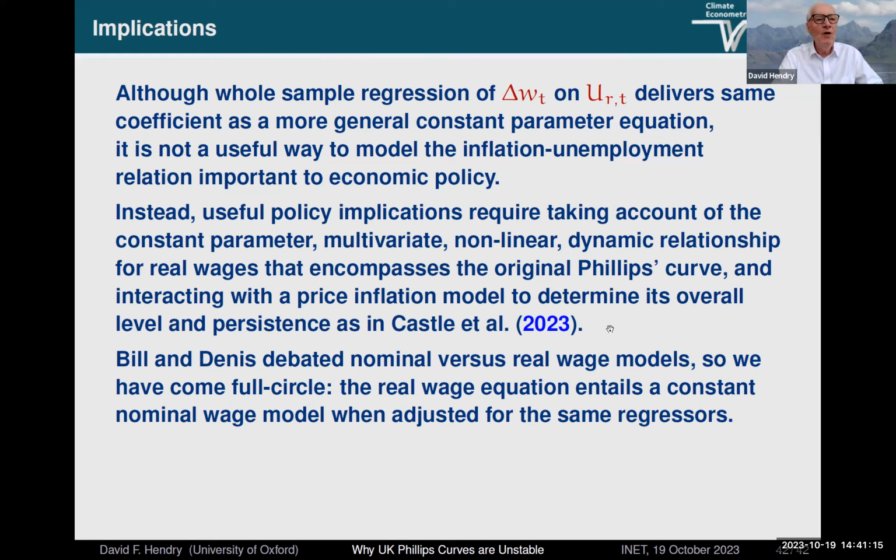All of that could be useful and explains the original Phillips curves, but you need to interact the real wage equation with a pricing equation, which is what Jenny, Andrew Martinez, and I did in our recently published 2023 paper. Bill and Dennis debated nominal versus real wage models, as I said at the beginning. So we've come full circle. Dennis's real wage equation entails constant nominal wage equation when adjusted for the same regressors. Thank you.